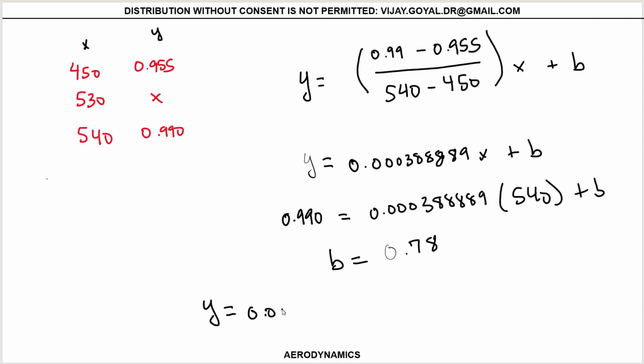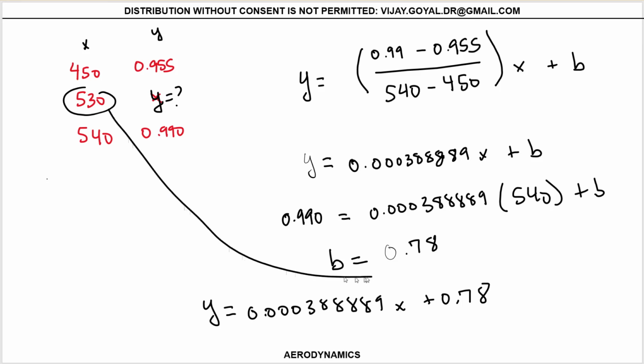So now I have my equation: y equals 0.00388889 times x plus 0.78. Now I can use a linear interpolation between these two numbers, plug in my x value, and solve for y.